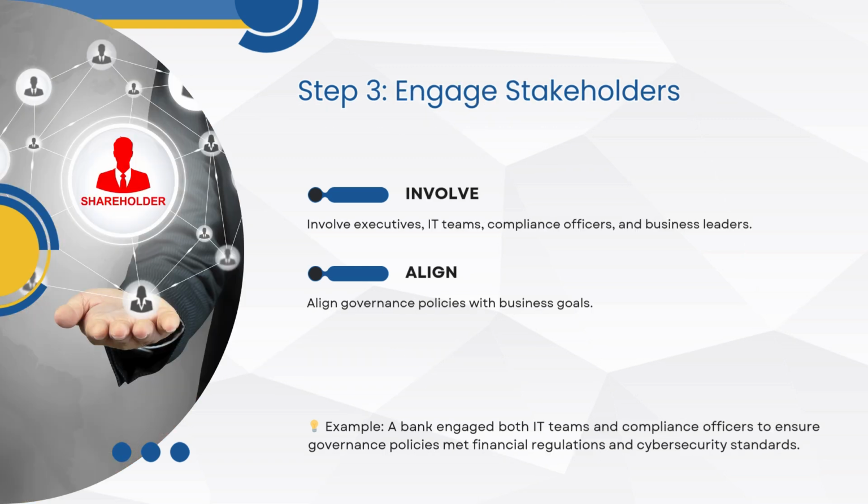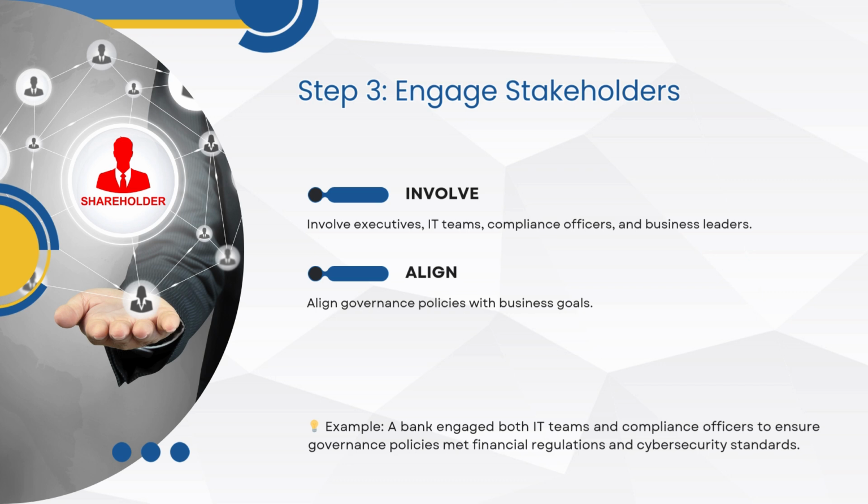Step three, engage stakeholders. For ICT governance to work, it cannot be managed by IT teams alone. It must involve key stakeholders who play an active role in decision making. So, who are the key stakeholders? Executives, such as CIOs or CEOs, set governance priorities.